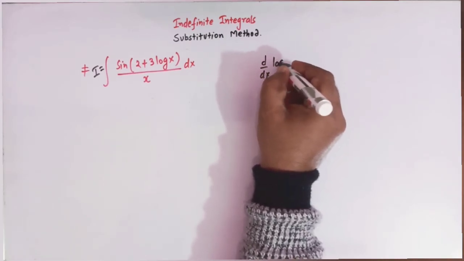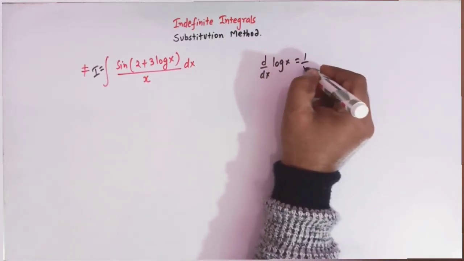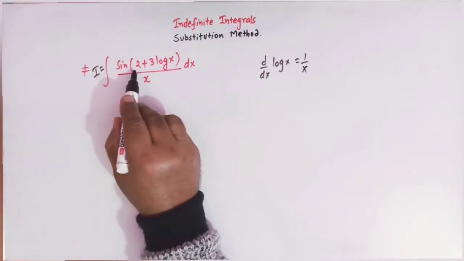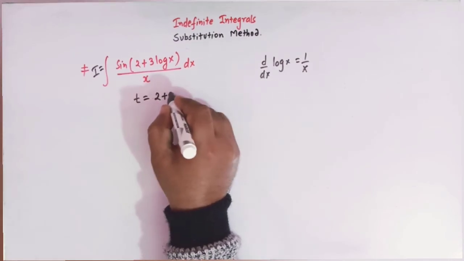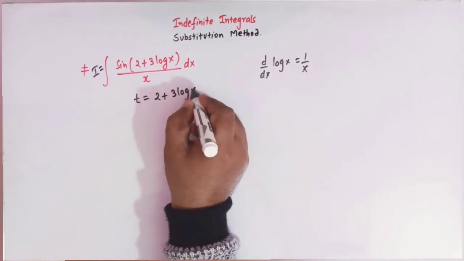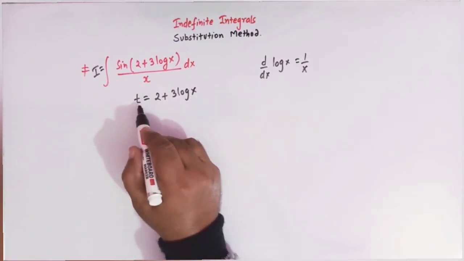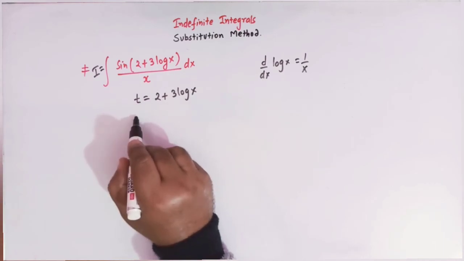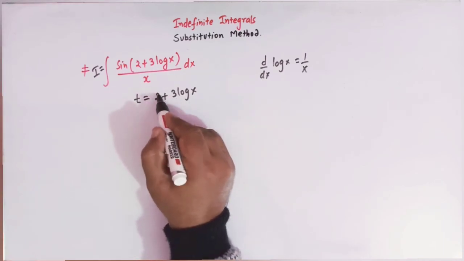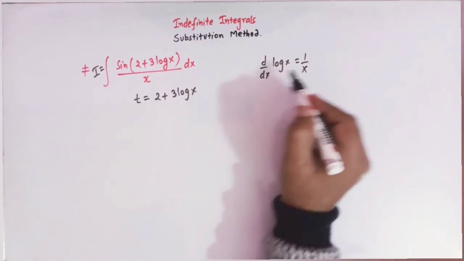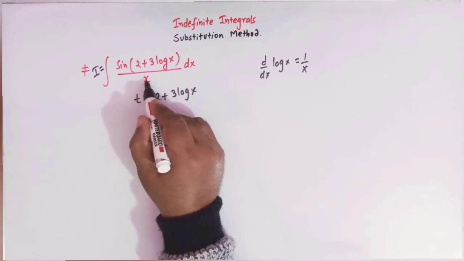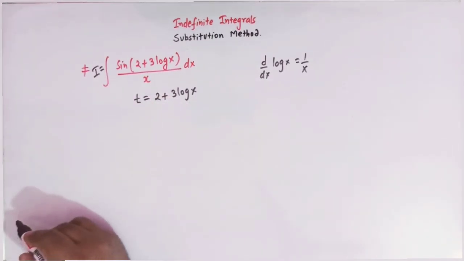So now we can take t as 2 plus 3 log x, right? Because when we differentiate t with respect to x, the derivative of 2 is 0 and the derivative of log x is 1 over x, and see here x is present in the denominator, right?